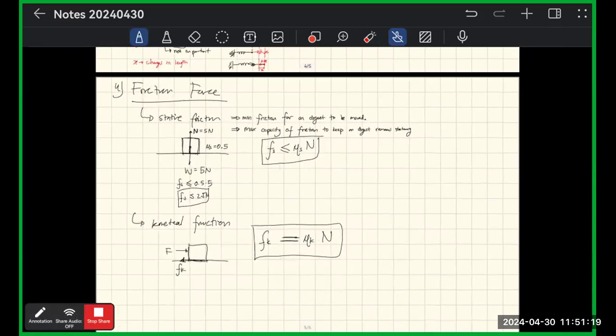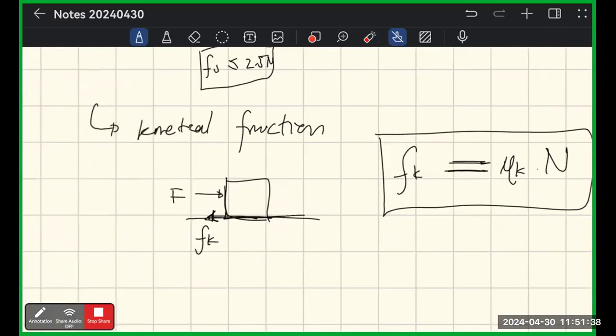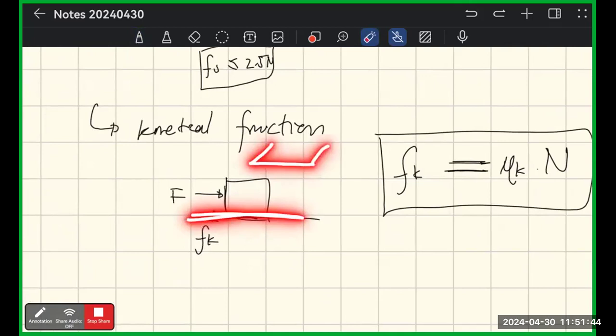It's just there as long as the thing is moving. It's not the object that is moving, but there is a relative motion between surfaces. So in these surfaces, the top block surface, because it touches the ground, right?